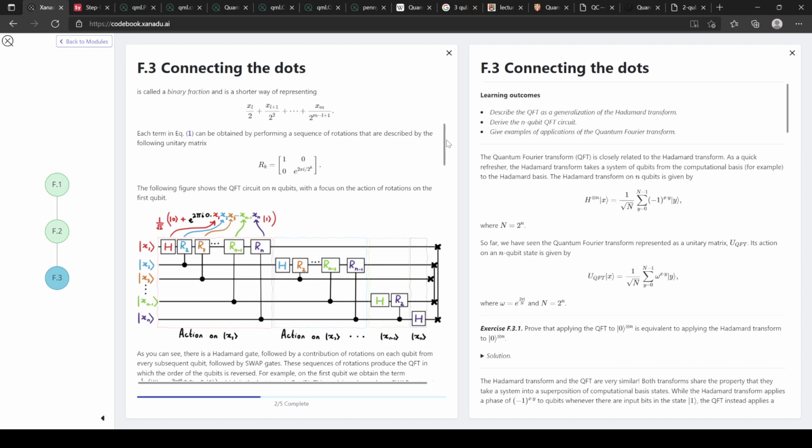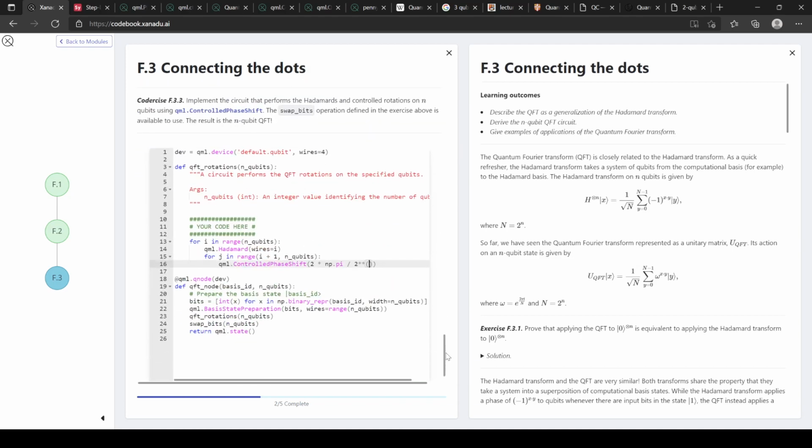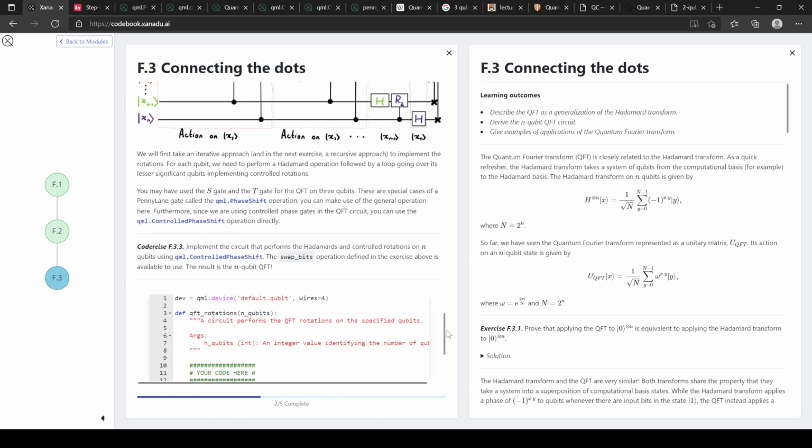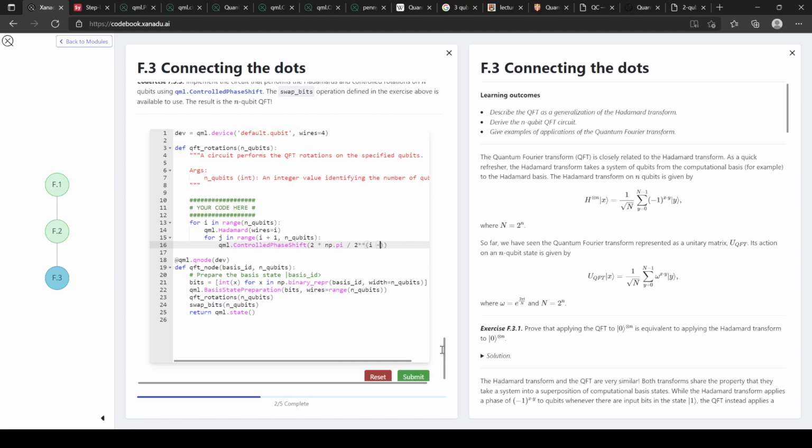This is R3, so i minus j plus 1, to the i minus j plus 1.